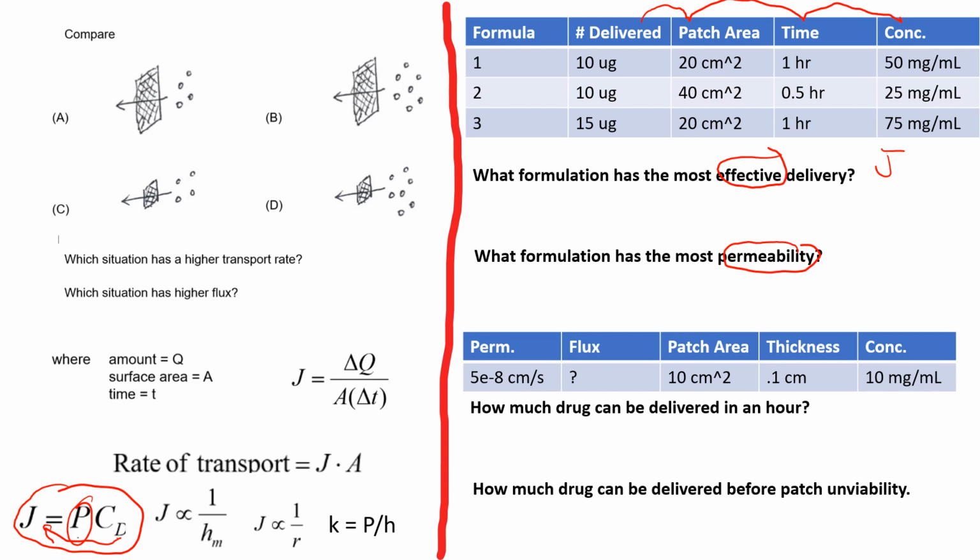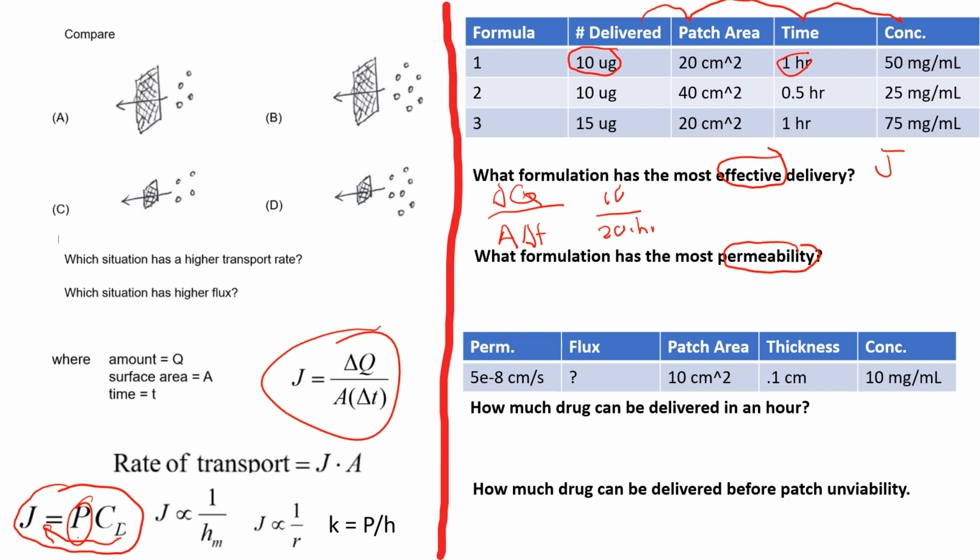Here is our flux equation, and we'll start with this row. We have change in drug, which is essentially equivalent to amount delivered in a certain time, because it's change in drug over change in time. We have 10 micrograms in 1 hour. So we have our delta Q times area divided by delta T. For this first one, we have 10 divided by area, which is 20 centimeters squared, divided by T, which is 1 hour.